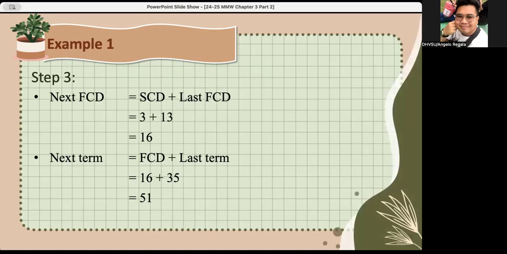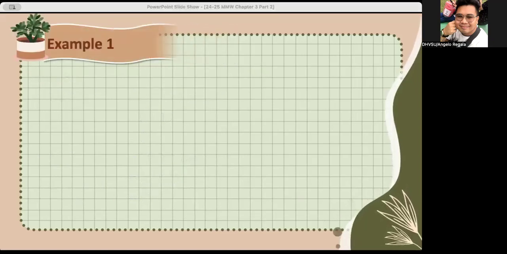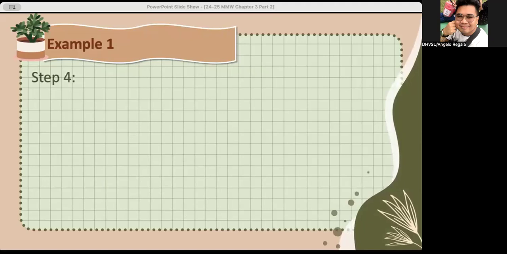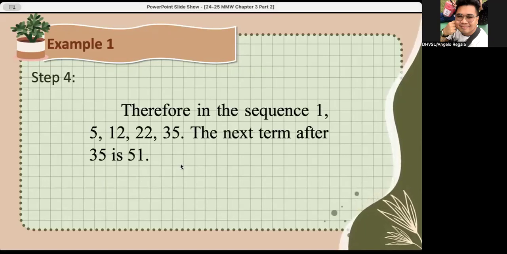So using 16 as the first common difference, we add it to the last term. So 16 plus 35 is 51. So the next term after 35 in that sequence of 1, 5, 12, 22, 35 is 51.